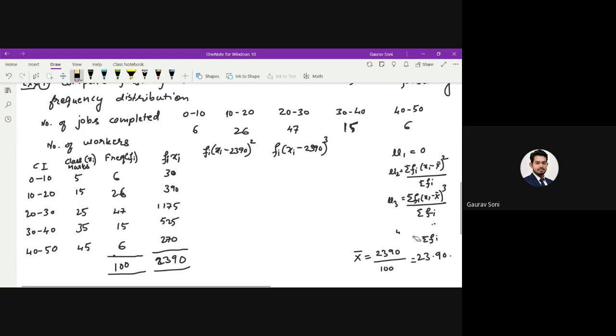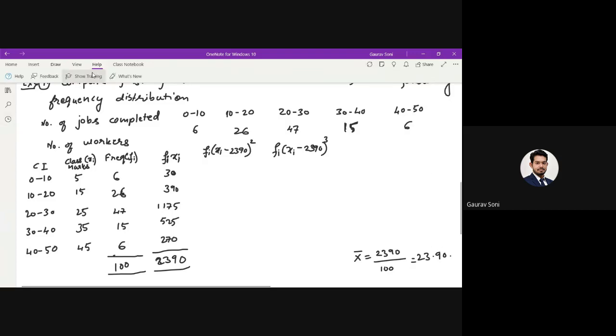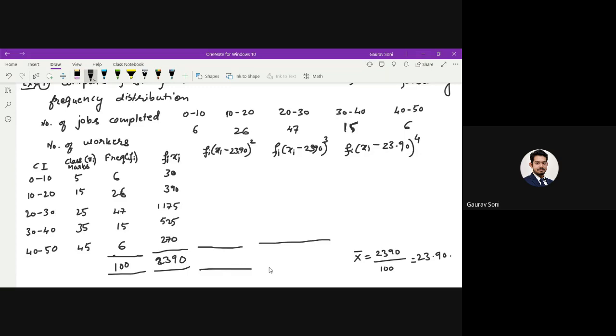The next one will be fi xi minus 23.90 raised to 4. Now what you need to do, I hope you are able to put the functions in your calculator. If you are not, please let me know. We could discuss it once again.